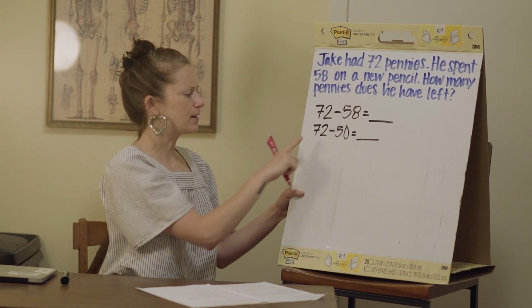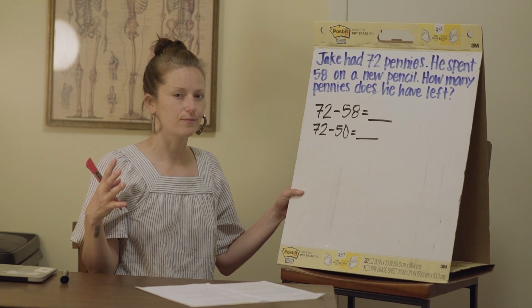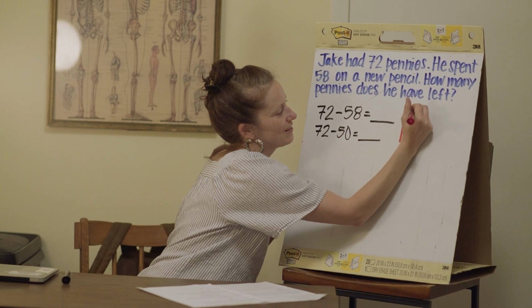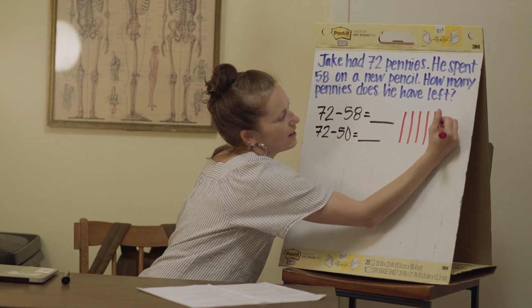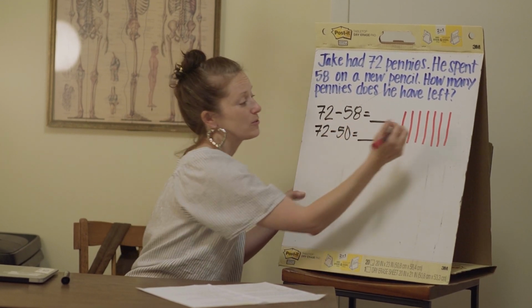So if I were going to start with my 72, how many strips would I need to draw? Yeah, 7, right? So we have 1, 2, 3, 4, 5, 6, 7, and I need 2 single stickers.